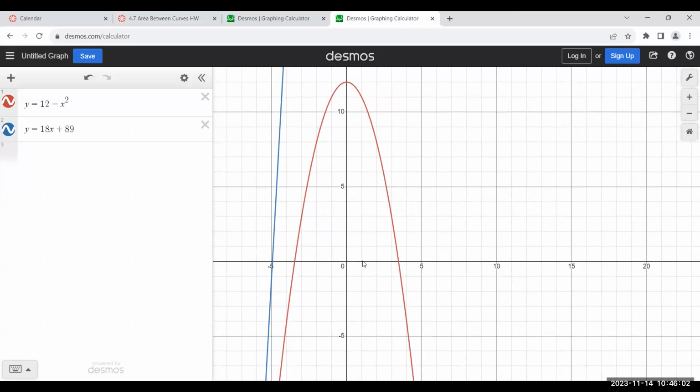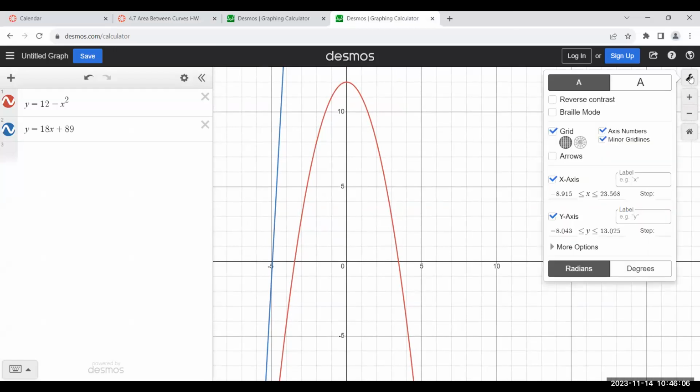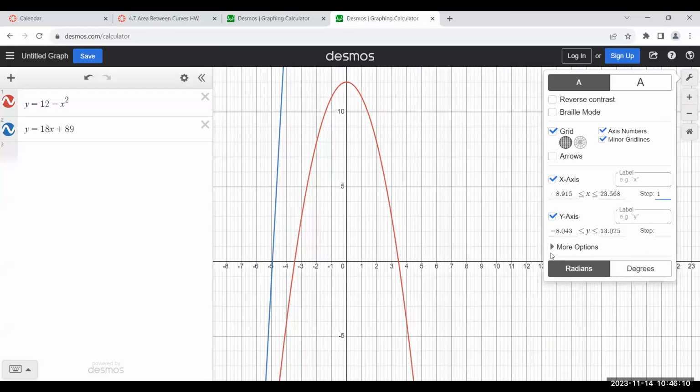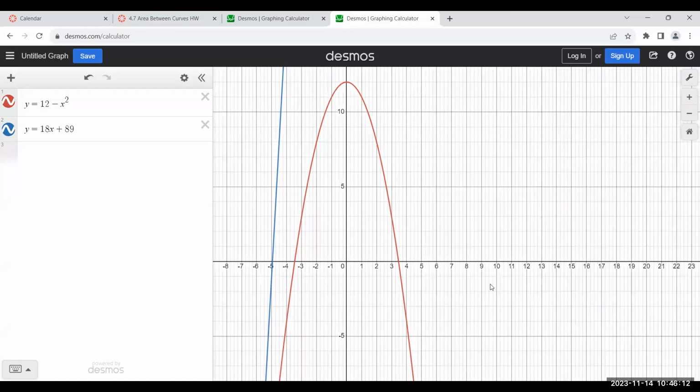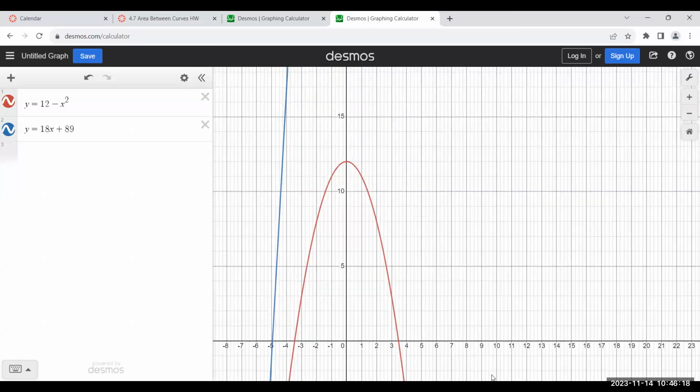And then 1 is right here. I'm just going to label these. Okay, now we can see clearly. So here's -4, here's 1.